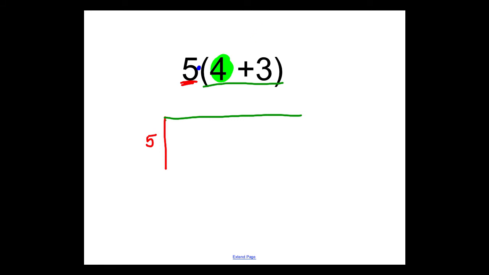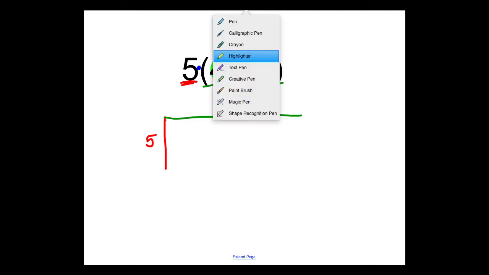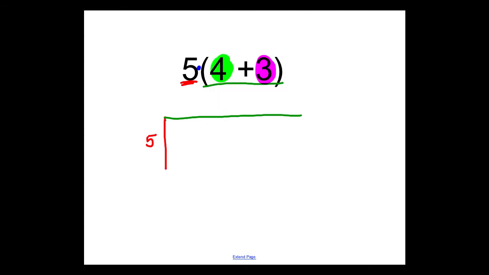We'll color this length with green, and we'll color this length with magenta or purple. So the length from here to here is going to be 4 units long. And the length from here to here is going to be 3 units long.